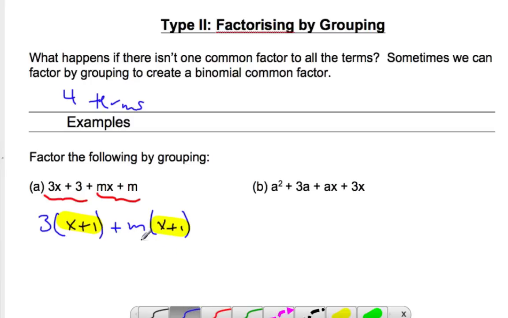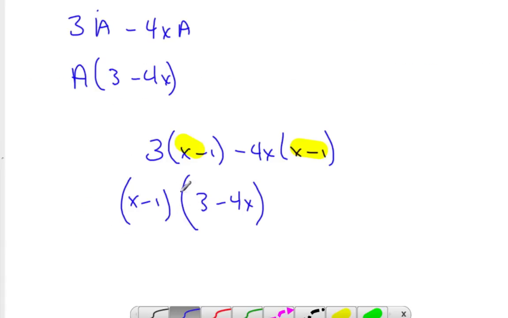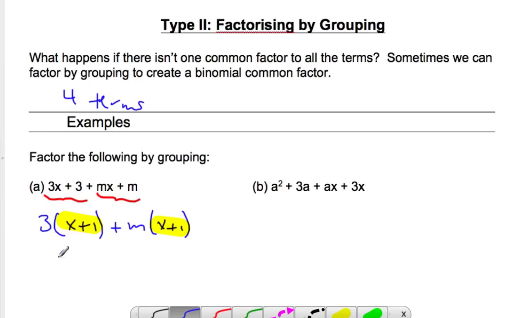I pull it out like I did back here as a, so I get x plus 1 times, if I take x plus 1 out, I'm left with 3. If I take x plus 1 as a factor out of here, I'm left with just m.